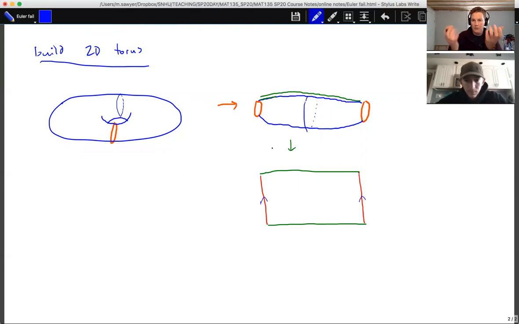Because we're not twisting, we didn't flip one of our edges. We just wrapped it around. So we give our directions. These are both upward, and we cut our scissors both this way. So now this is a representation of a torus. If I were to glue this back together, I match the arrows back together.